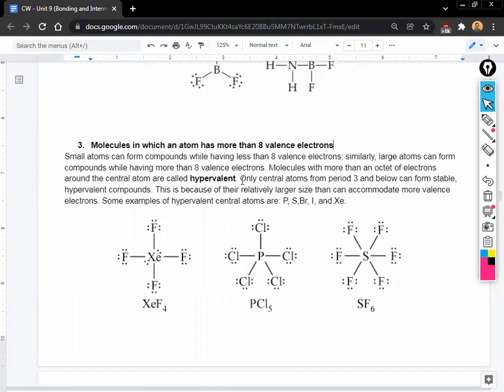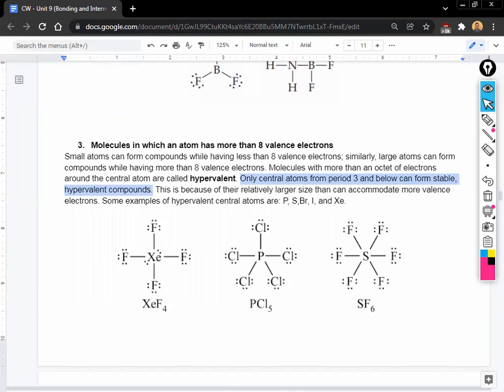Now, one very important thing that you guys want to remember about these hypervalent elements is that only elements from period 3, so the 3rd row and below, can hold stable hypervalent compounds. So the most common one or the smallest one that usually pops up is phosphorus, P. If you take a look at it, it's on the 3rd row.